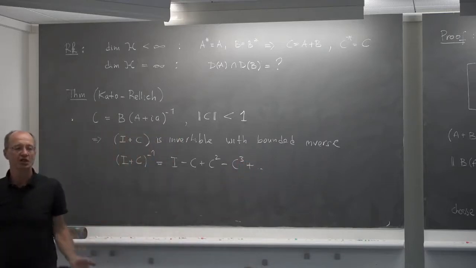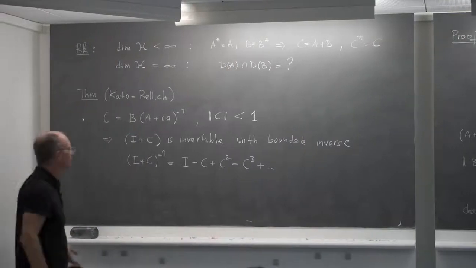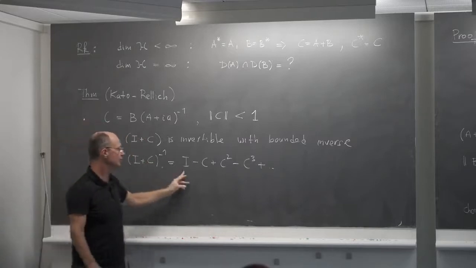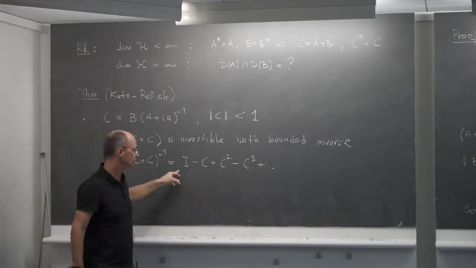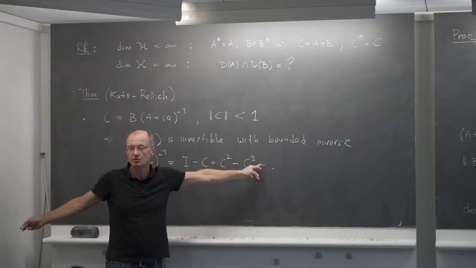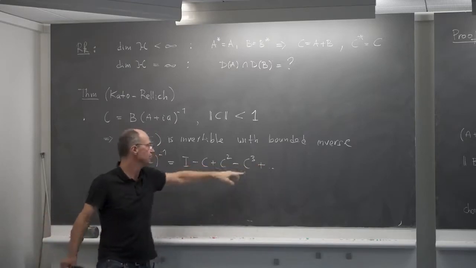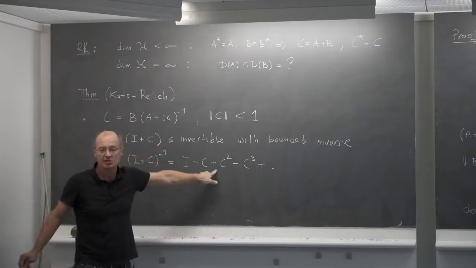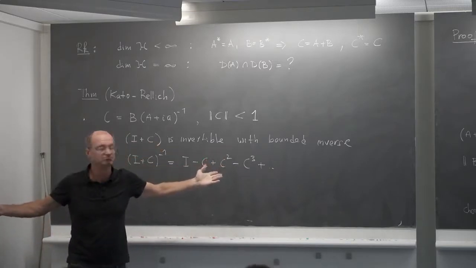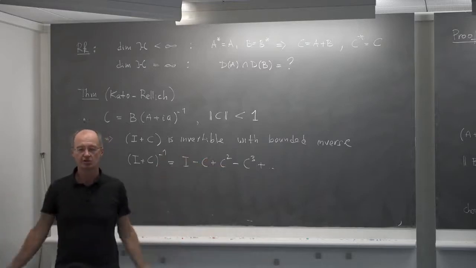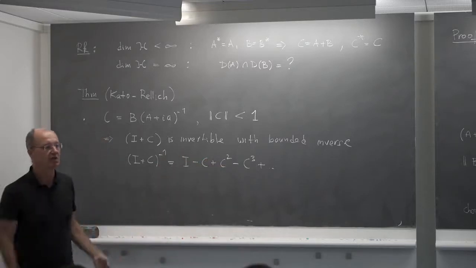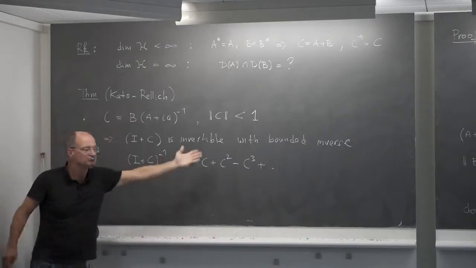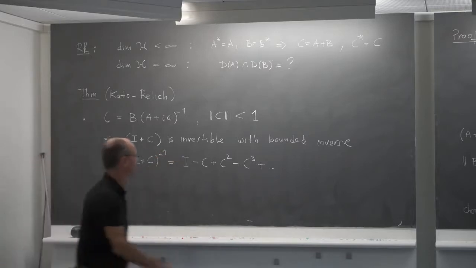It's just like a function in one variable, or like if it were a finite dimensional matrix. You just take this series, you see that it converges in the operator norm, and then the operator to which it converges is the inverse of 1 plus C, because if you multiply 1 plus C by the series, you get 1. This is just as in first year calculus or in finite dimensional matrix algebra. There is no difference.